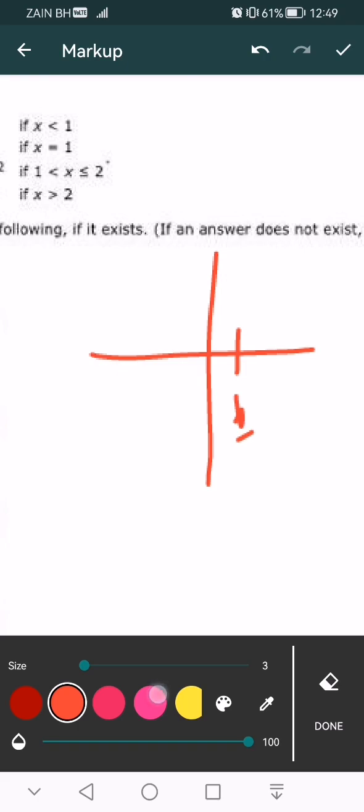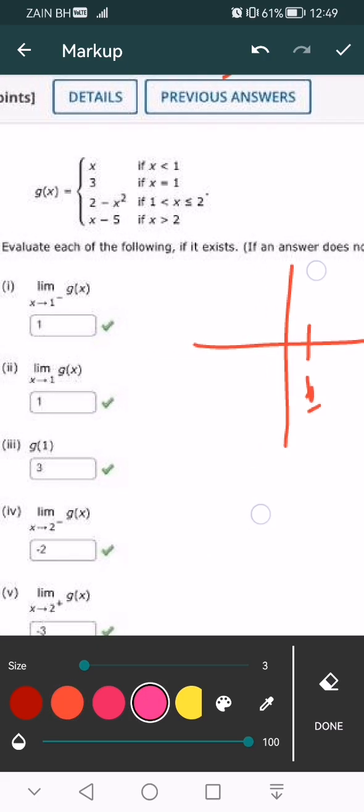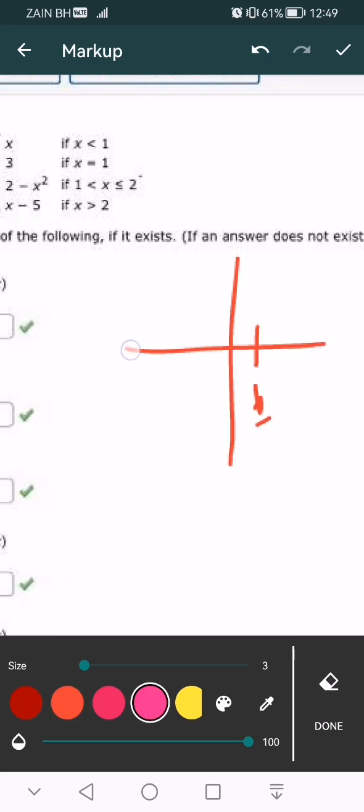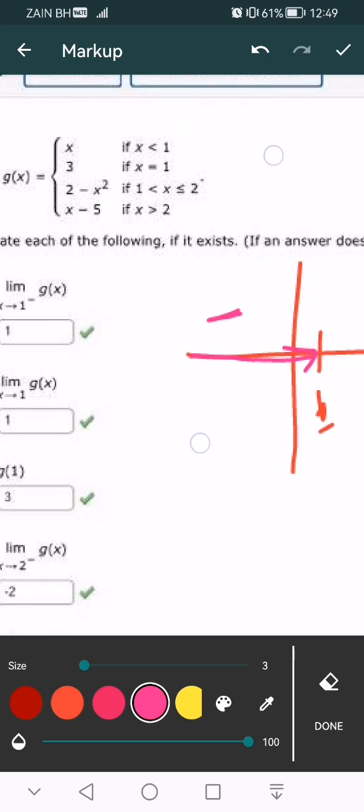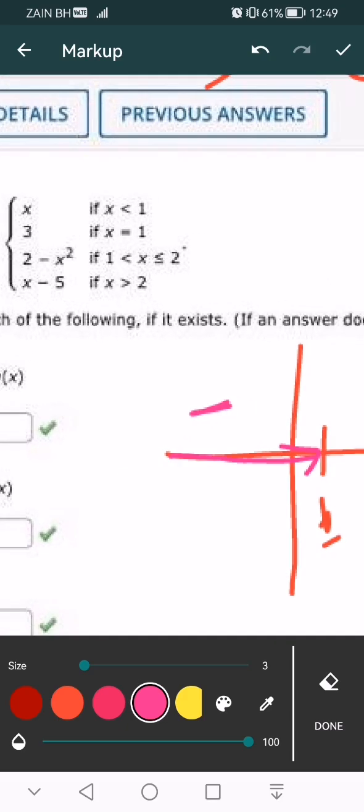They say from the left side I came from here. That means I am on the negative side. I came from the minus, from the negative, from less than 1.